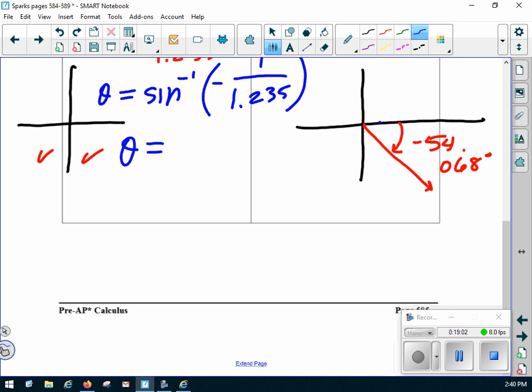But what do I need? I need that angle. So, go ahead. That's right. You better be careful because what you've got sitting on your calculator right now is a negative number.